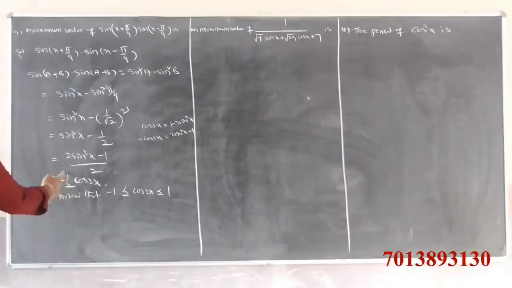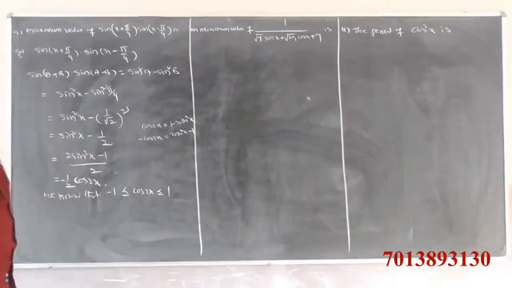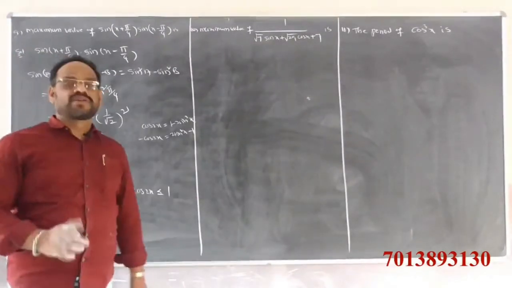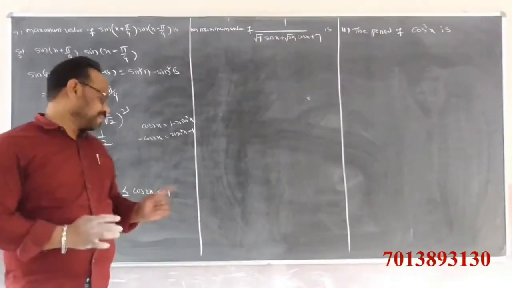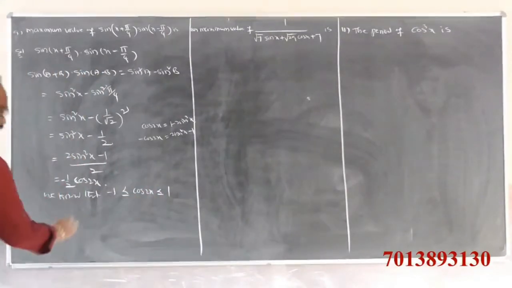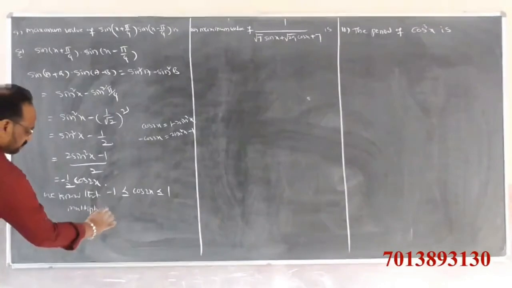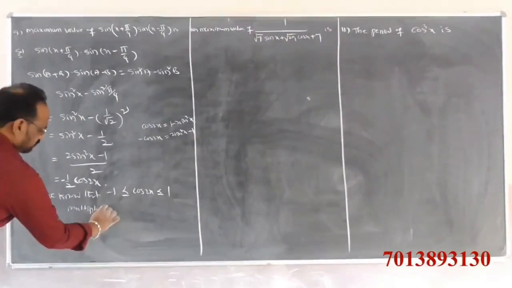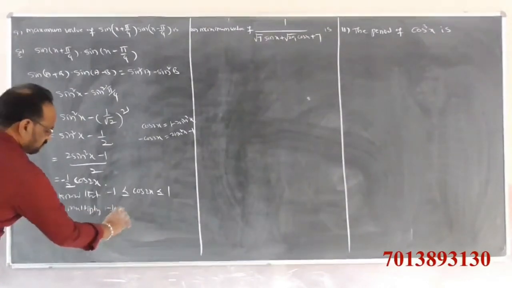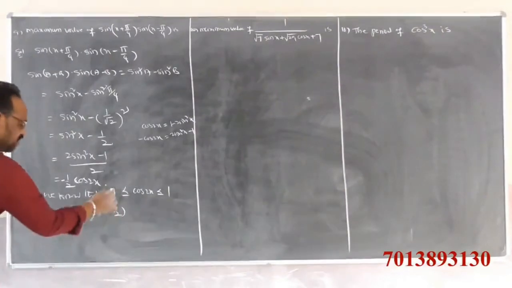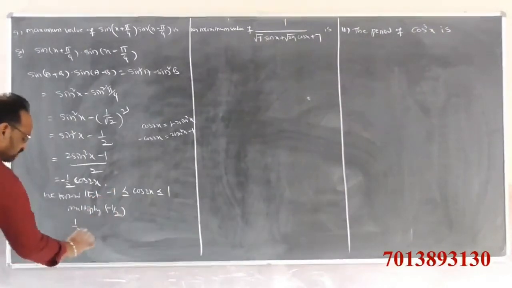But we want minus 1 by 2 times cos 2x, so multiply both sides by minus 1 by 2.